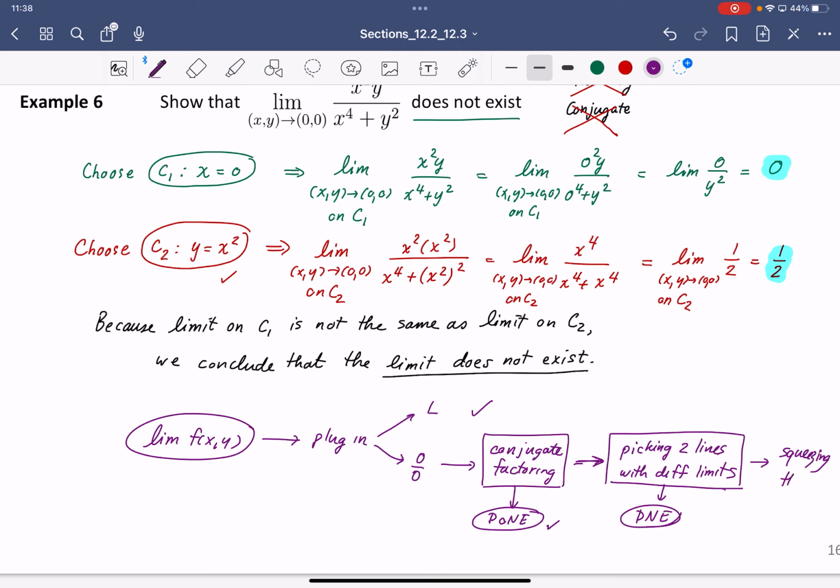You can use it when you feel hopeless with lines, because you always pick one and the limit gets 0 every time. It means the limit is probably that number. So we're going to use the squeeze theorem to conclude that the limit is actually 0. Does it make sense? This is going to be about 15 to 20% on the final.